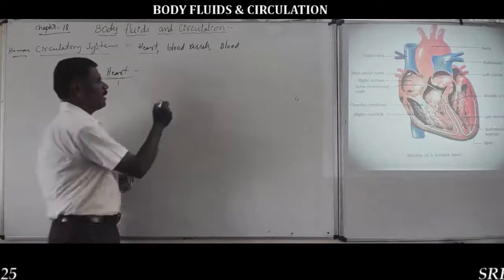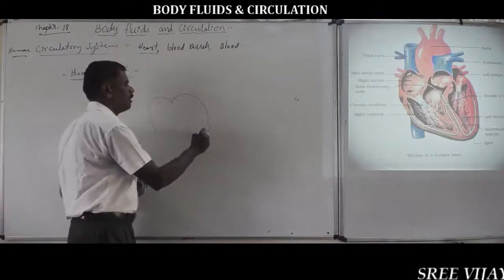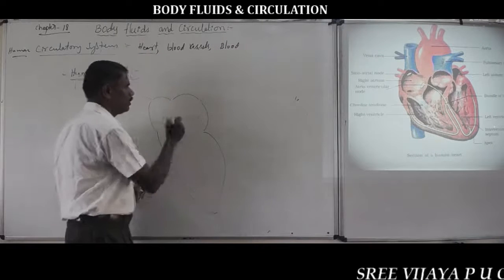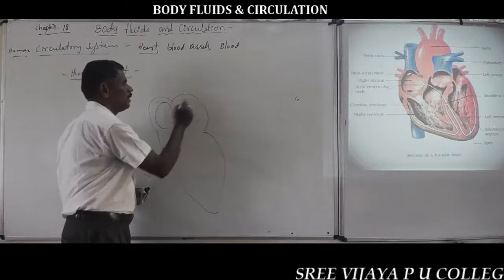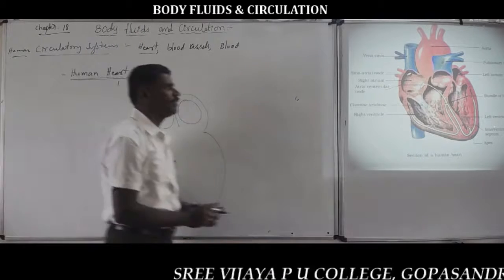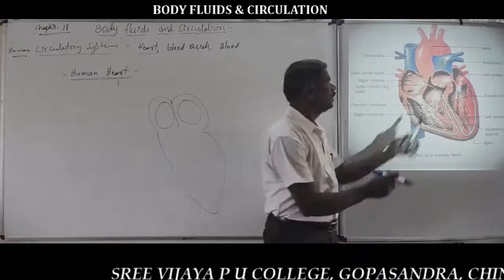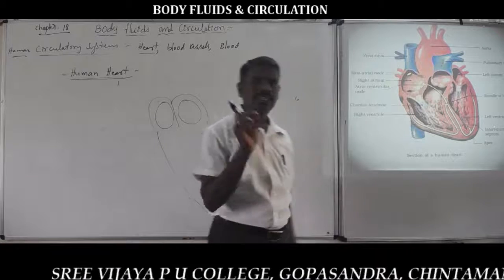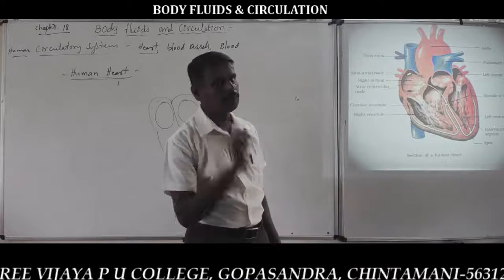Here, both the atria are separated by a wall. So here there is the presence of a wall. This wall is called the interatrial septum.